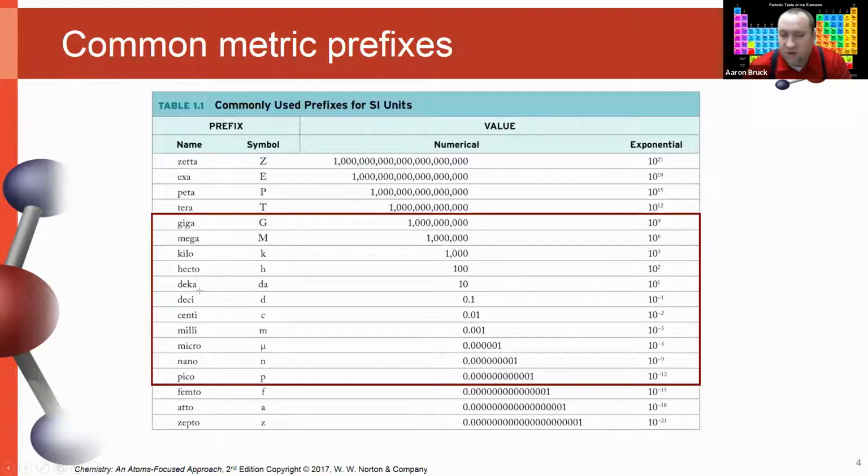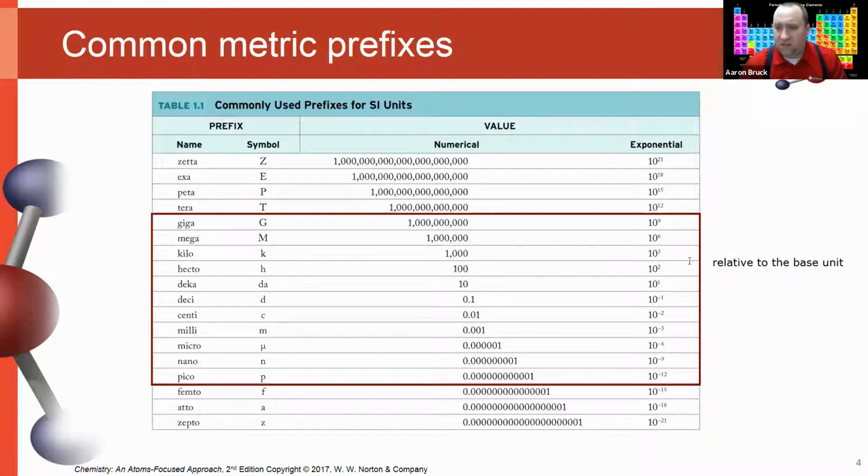Now, some of these prefixes are a little bit less important than others. Very rare that you see deca or hecto or even deci for that matter. You don't see those 3 very often, but it's important to know what they mean. When it comes to the exponentials and the values here, remind yourself that these values are relative to the base unit.